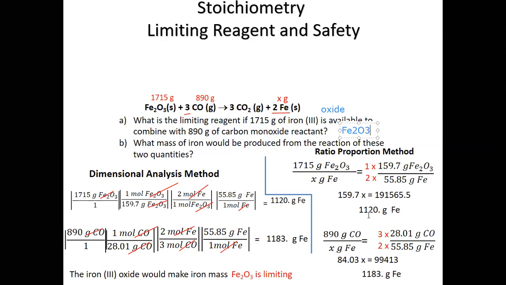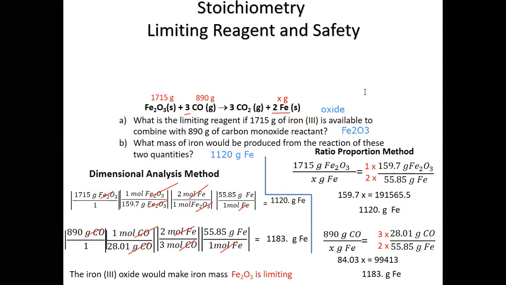This quantity of 1,120 grams is the most that it could produce because the iron 3 oxide would run out. So 1,120 grams of Fe is what could be produced, and we have an answer to both parts.